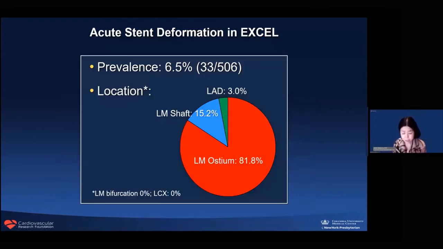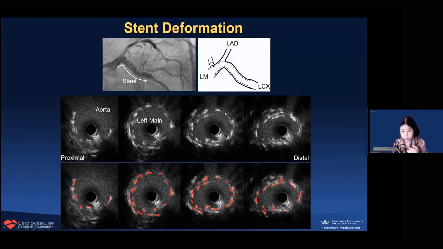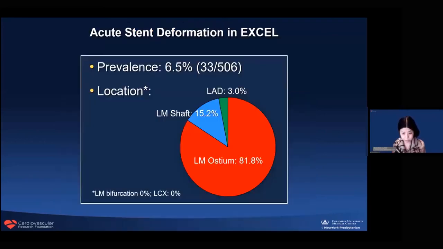This is not, again, a rare phenomenon. In the Excel trial, we see 6.5% of stent deformation, which correlates with the outcome. Because if you don't recognize it, the inside of the stent area is smaller than original because it's deformed, and also sometimes you may miss the lesion because the stent is shorter compared to the original length. So recognition and additional treatment is quite important.